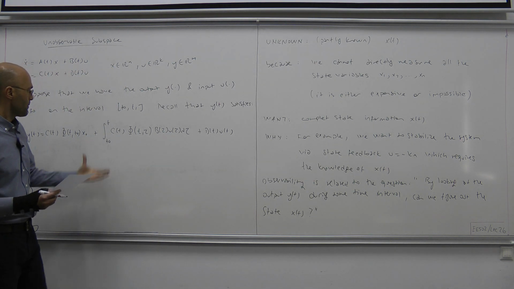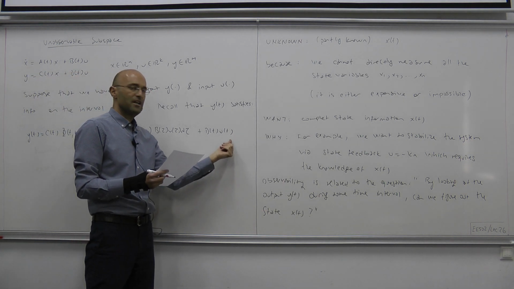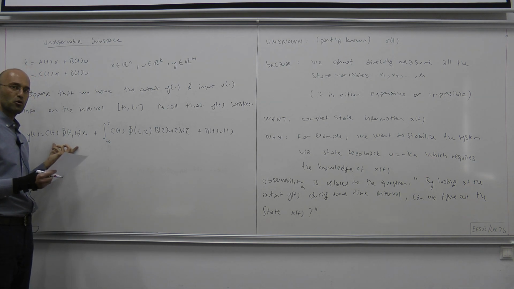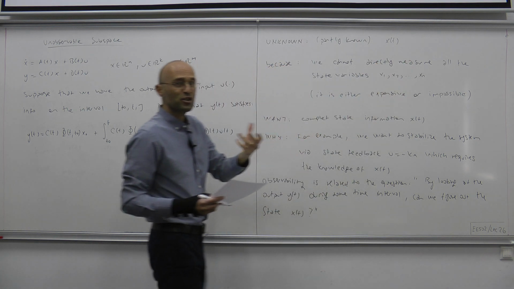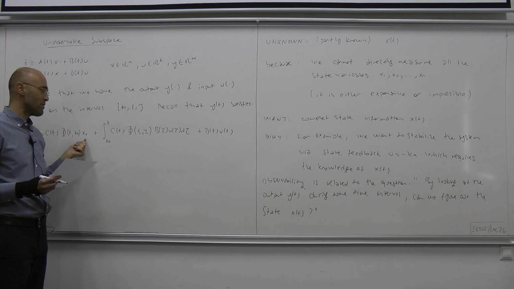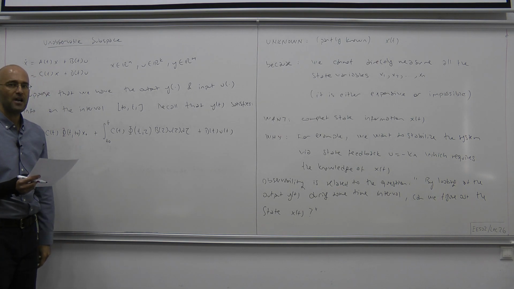So we know this term, we know y of t, and also since we know D and u, we also know this term. The only term that we don't know is this here, because we cannot directly measure x of t, and that means we cannot know the initial value of the state, x of 0. Because x of 0 is unknown, this whole piece is unknown.